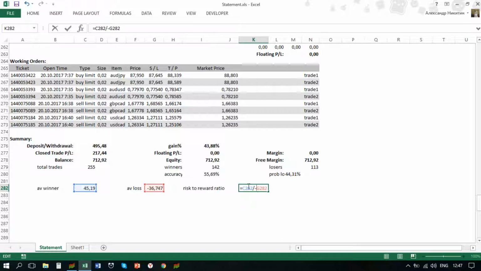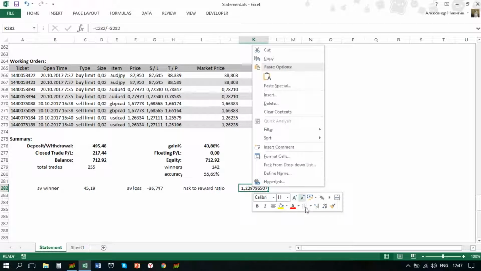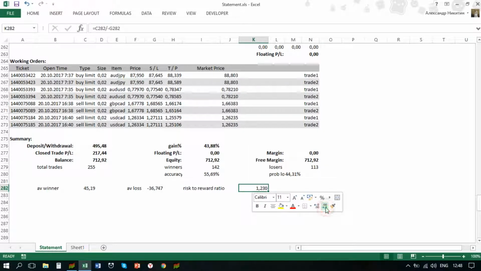Let this be minus loser. Okay, my average risk to reward is 1.22, 1.23 roughly. So 55% of the time I on average win 1.23, and 44% of the time I am losing 1 roughly.